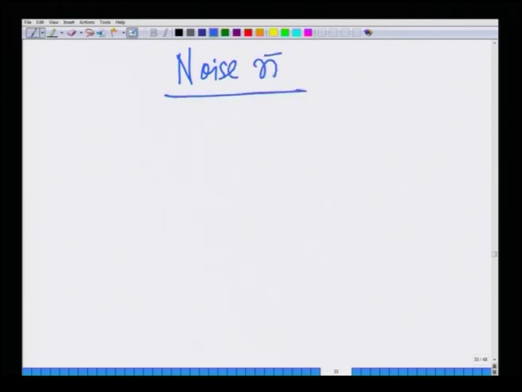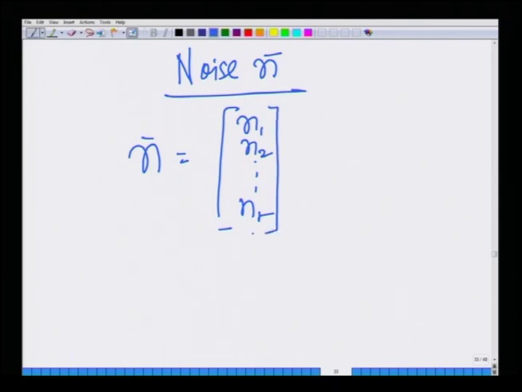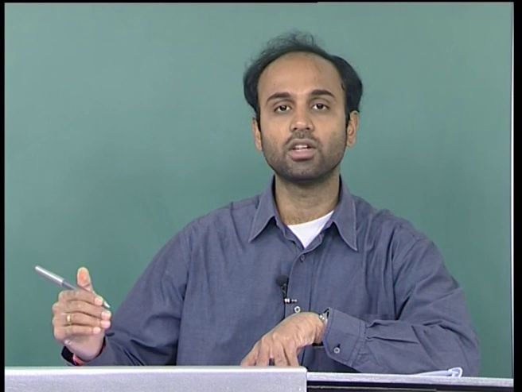We have said the noise is a vector n bar, which is given as n1, n2, and so on up to nr. This is an r dimensional vector, that is, it has r noise components corresponding to the noise component at each receive antenna.